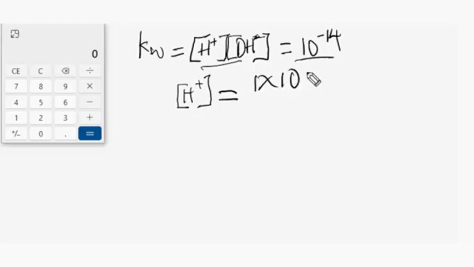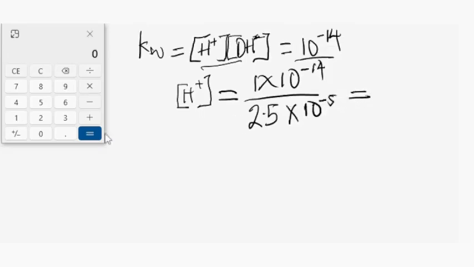We place this as 1 times 10 to the power of negative 14 over 2.5 times 10 to the power of negative 5. So 1 over 2.5 will give us 0.4.